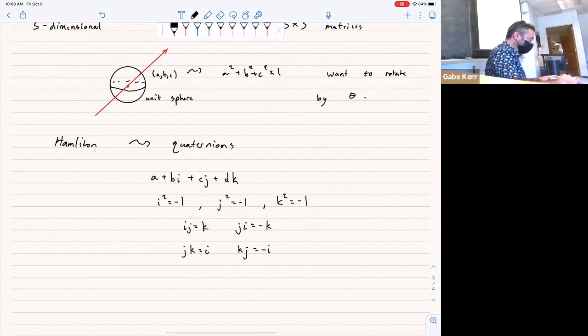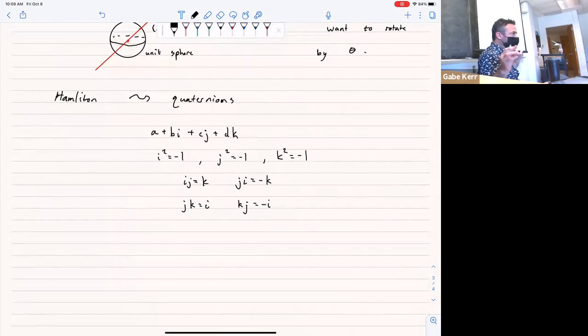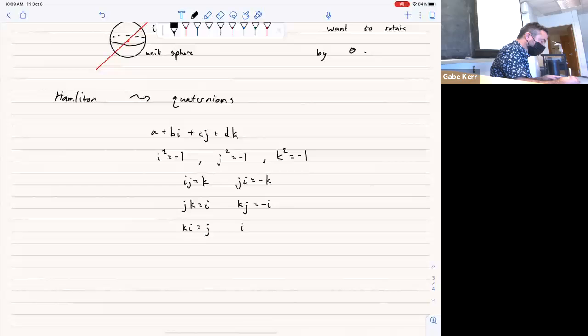And if you define all of these relations and you do algebra in the normal way, making sure to be sensitive to commutativity, then you get a nice arithmetic number system of quaternions. This is denoted.